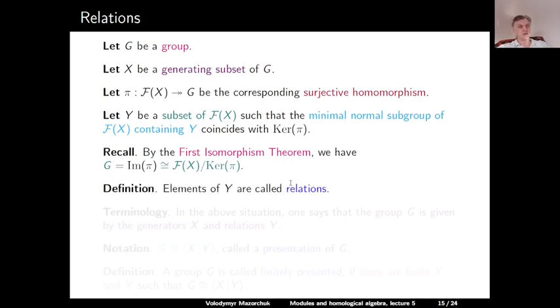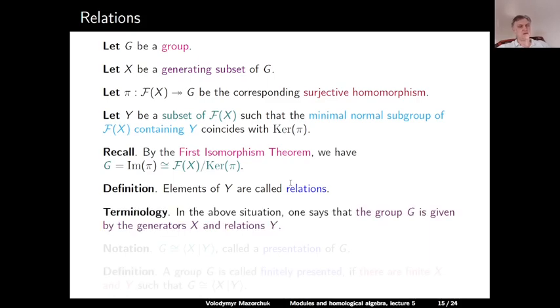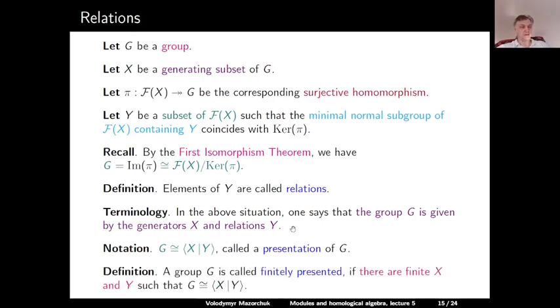So the elements of our set Y are called relations, and we say in this situation that our group G is given by the generators X and relations Y. We have a similar notation for this as for semigroups and monoids. And also a similar definition: a group is finitely presented if it has a finite set of generators for which we have a finite set of defining relations.